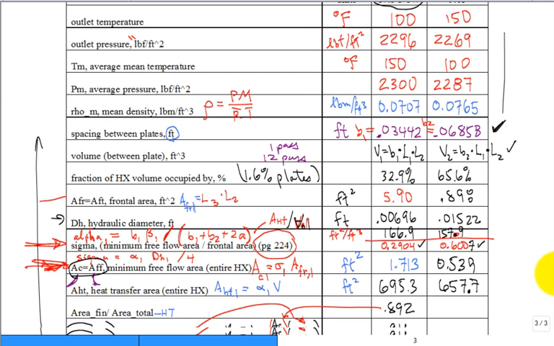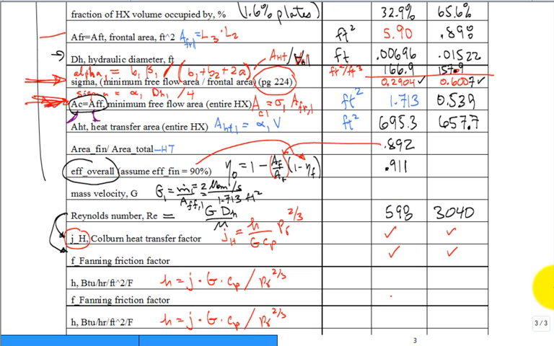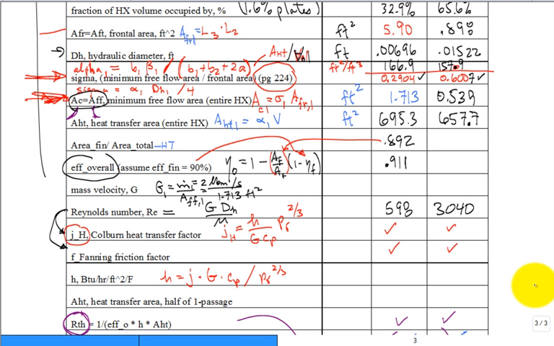Very good. Now, the fin area divided by the total heat transfer area, that's just reading off of the diagram. It was 89.2% and 88.8%, right? Very good. I encouraged you just to skip the fin efficiency.